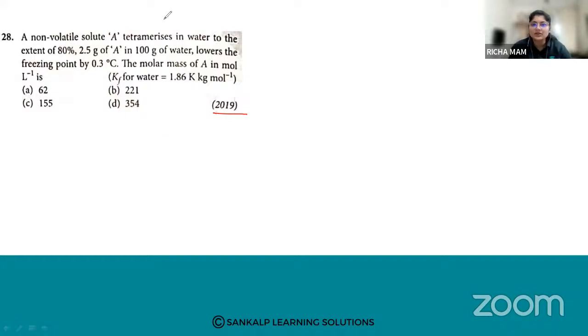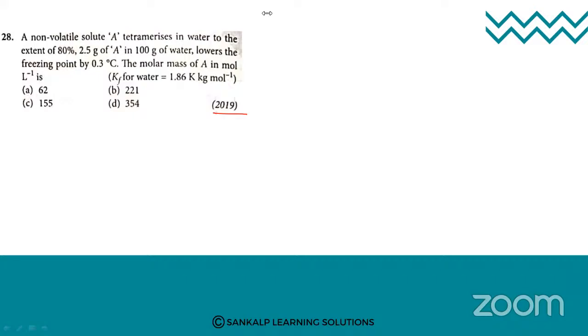Somebody has answered as association. What about others? How are you going to deal with this particular problem? So what are we going to do here? We know the freezing point is given, so first we will see the I value.